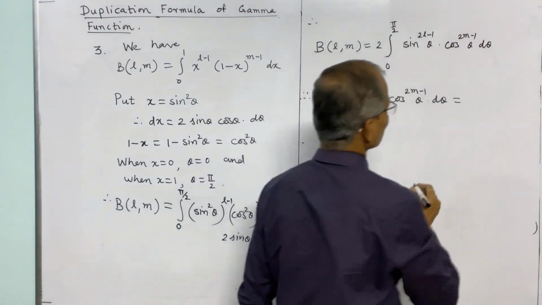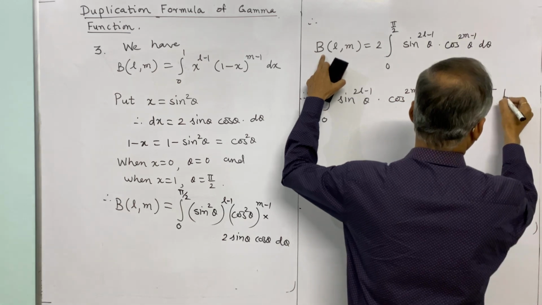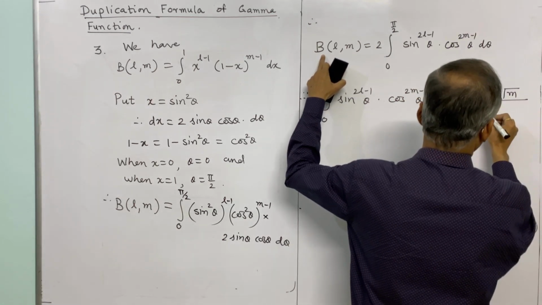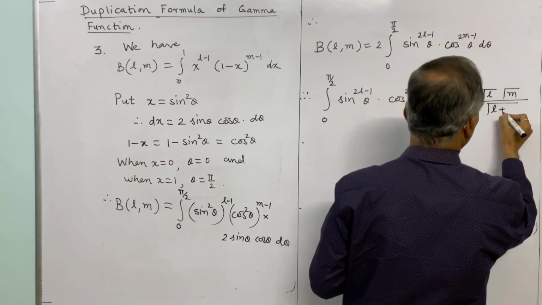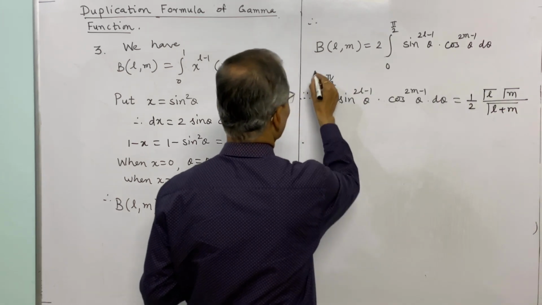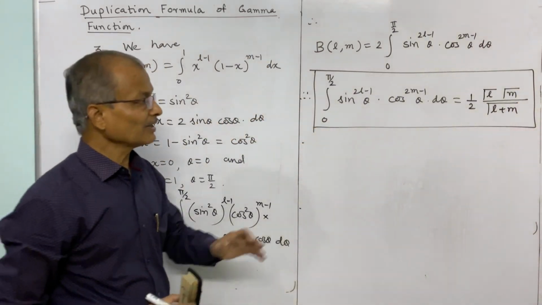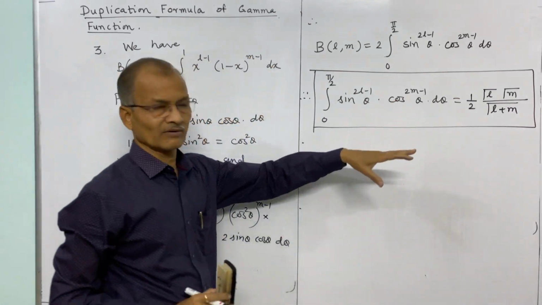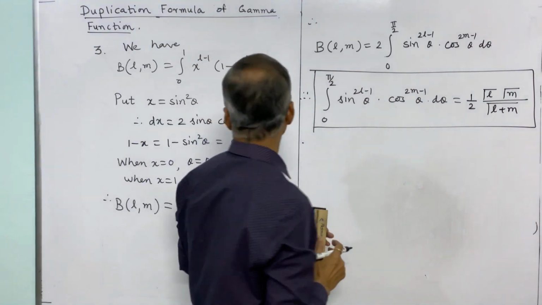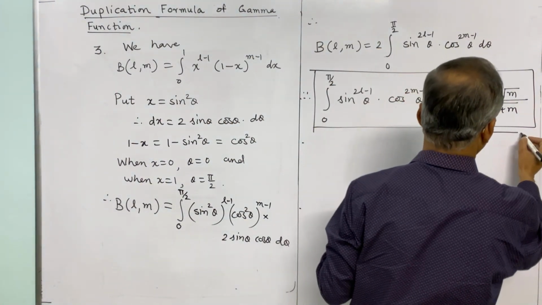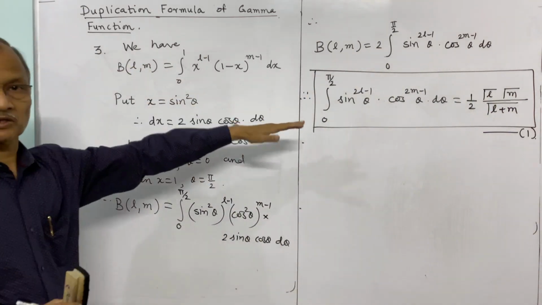And half of beta function can now be written in terms of gamma: gamma of L into gamma of M divided by gamma of L plus M. And thus this is the result we have obtained. This is an important result in terms of sine and cos. Beta function is expressed in terms of sine and cos, and that is again expressed in terms of gamma function. So we consider this as our first result in this part, third transformation, first result.